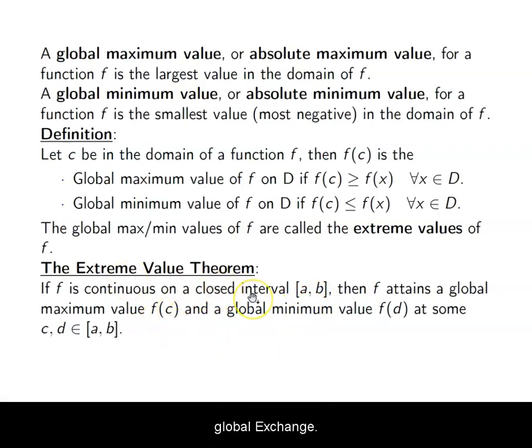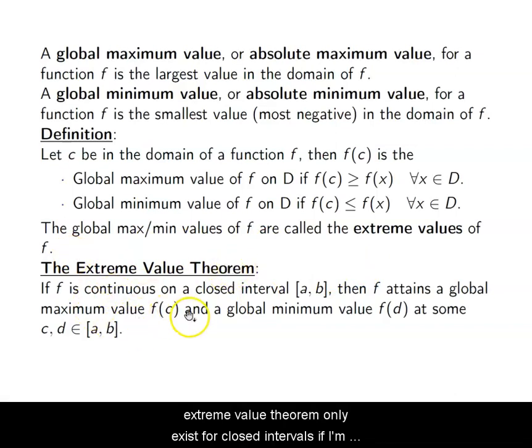That's what the extreme value theorem is. If I'm not on a closed interval, then it's possible that I don't have a maximum value, right? So like, let's say that my function goes on forever, let's say e to the x. There's never a largest value because there's always something larger because my function goes on forever and ever. So the extreme value theorem only exists for closed intervals.